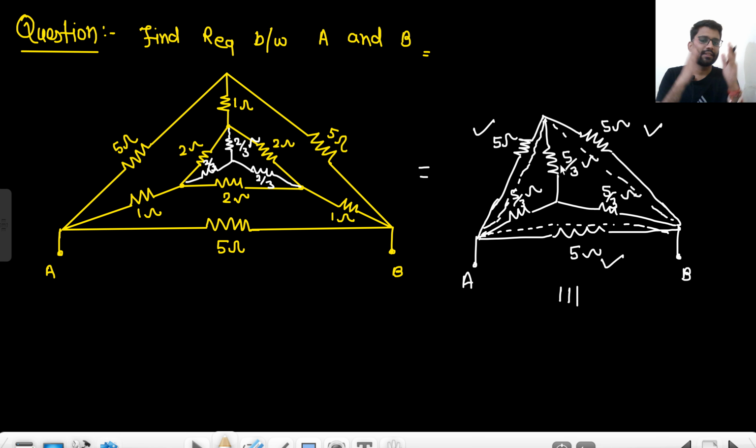So if I am converting this from 5 by 3, I am going outward, so it will be increased by a factor of 3. So 5, 5 and 5, right? This 5 ohm is already there and one more will come in parallel to that.